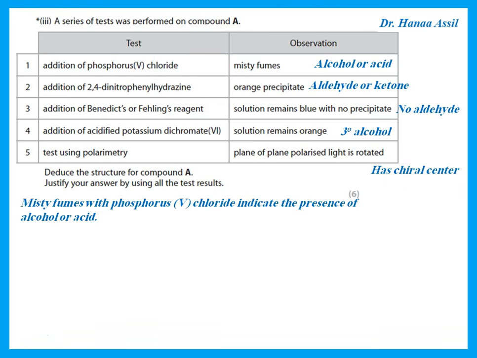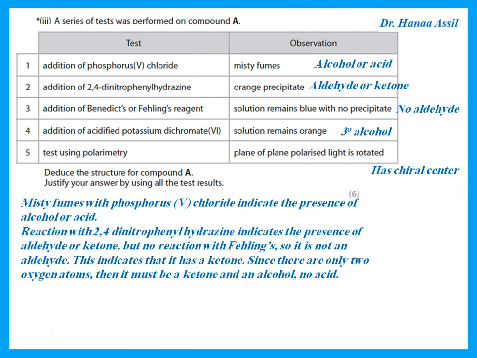So you need to write this in a certain order of thinking. The misty fumes with PCl5 indicate the presence of alcohol or acid. Now, reaction with 2,4-dinitrophenylhydrazine indicates the presence of aldehyde or ketone, but no reaction with Fehling's, so it's not an aldehyde. This indicates that it has a ketone. Since there are only 2 oxygen atoms, then it must be a ketone and an alcohol.